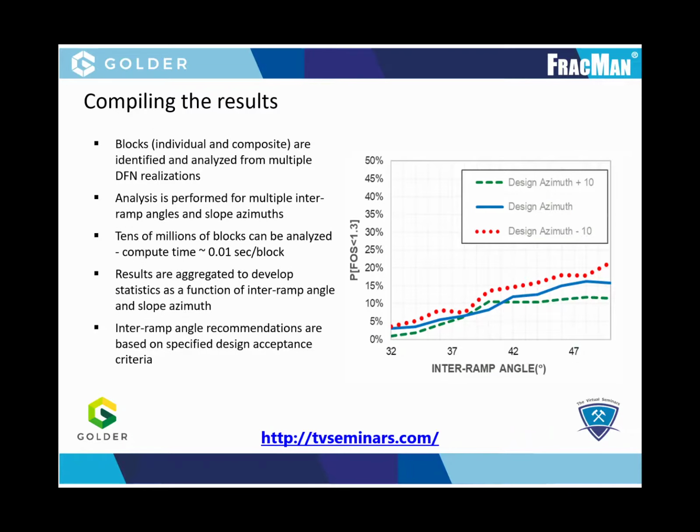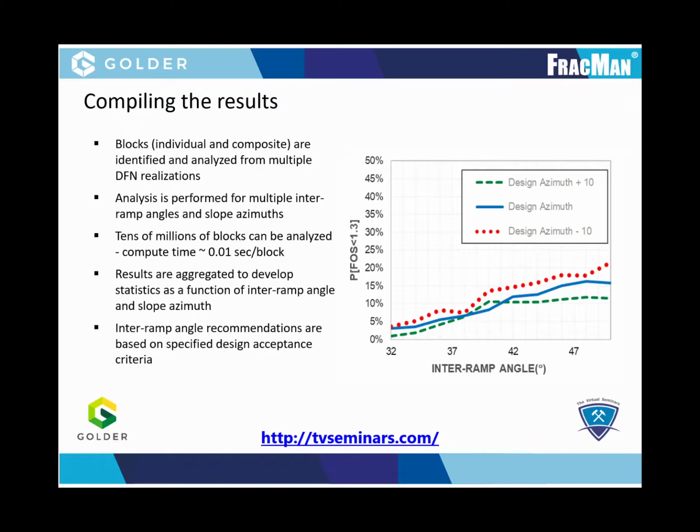So these individual composite blocks are identified and analysed from multiple DFN realizations. Each inter-ramp angle and orientation is analysed approximately 100 times, resulting in a total block count in the order of tens to hundreds of thousands of blocks to be computed.